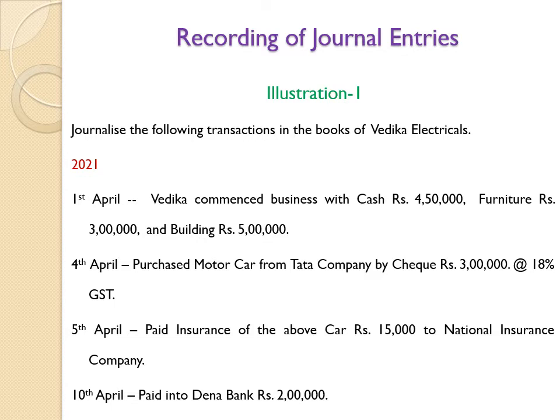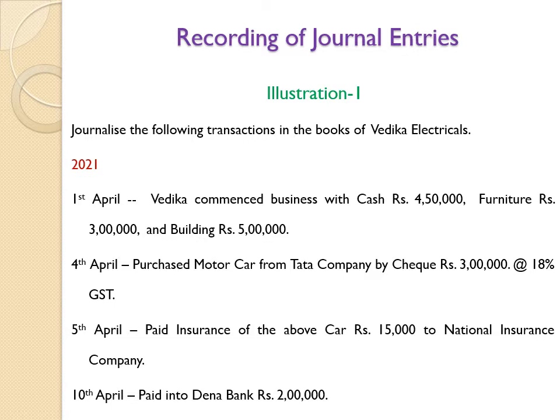This is the first day of April, on which date Vedika has started her electrical business, for which she brought rupees 4,50,000 in the form of cash, rupees 3 lakh in the form of furniture, and rupees 5 lakh in the form of building.